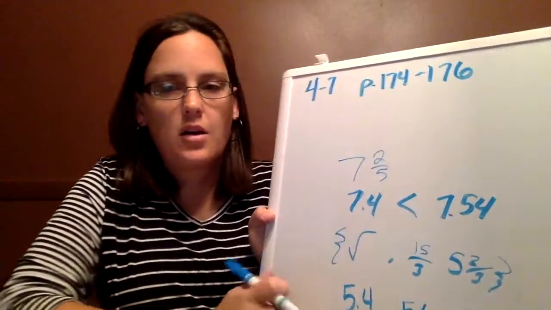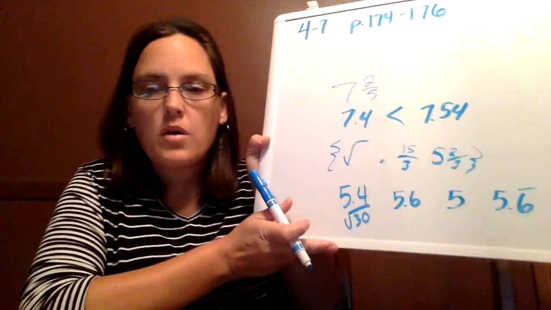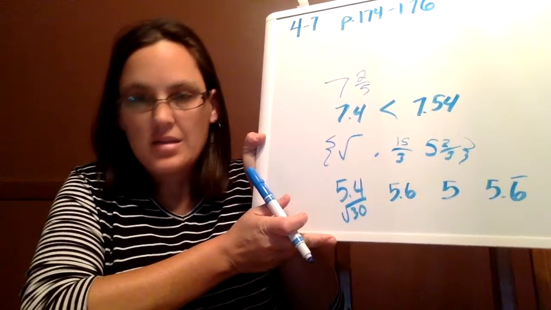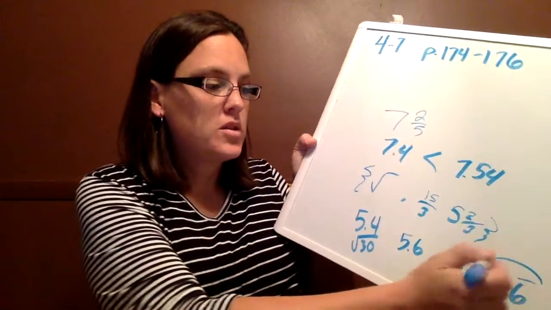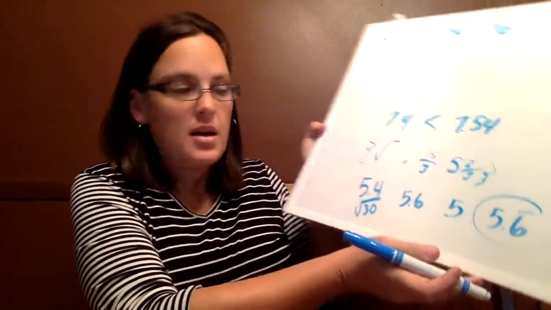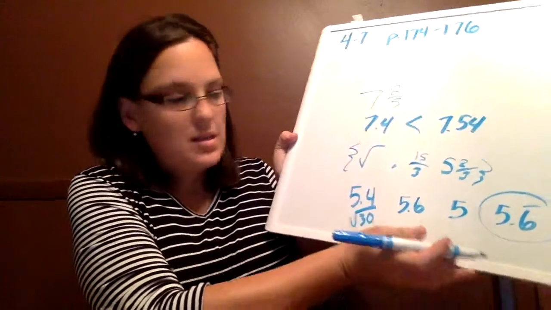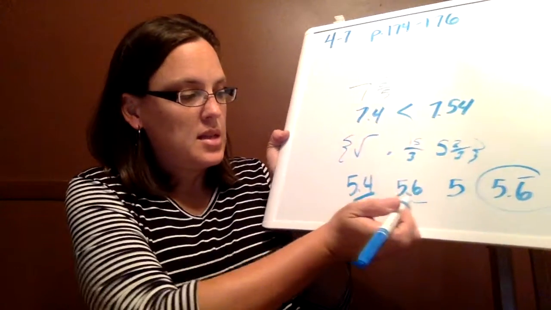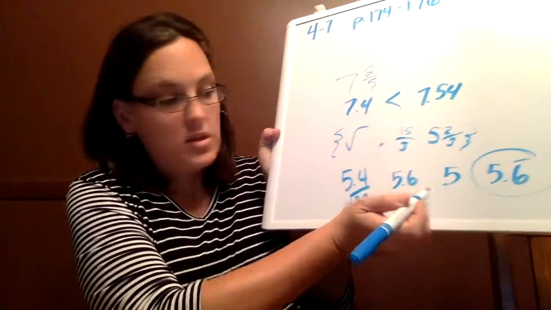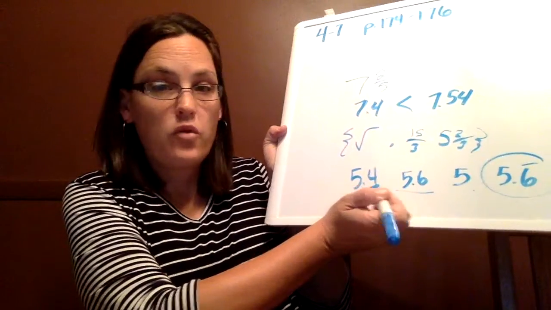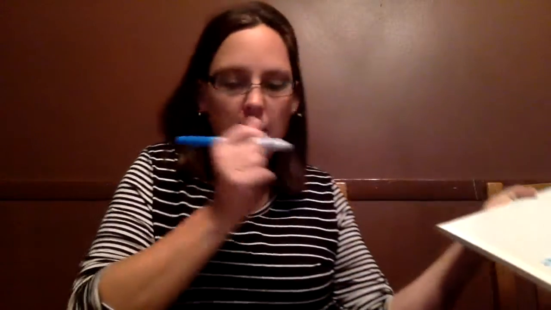So from greatest to least, I always get stuck on those because I don't read the directions. So the greatest out of these is 5 2/3. So 5.6 repeating is the largest. Next largest is 5.6. Then we have the square root of 30, which is 5.4, and then 5. Okay, so no big deal really on examples 1, 2, and 3.